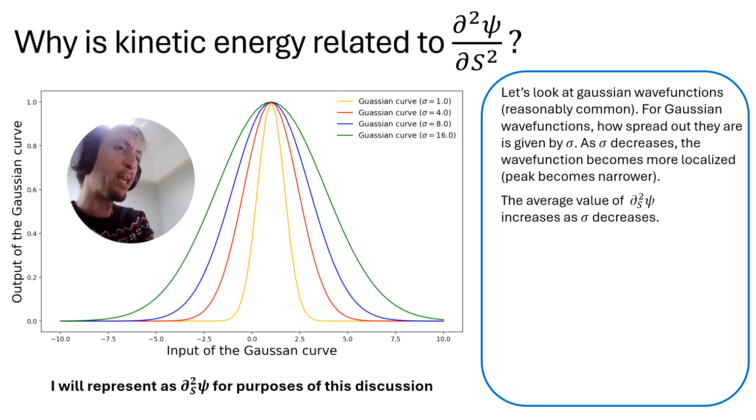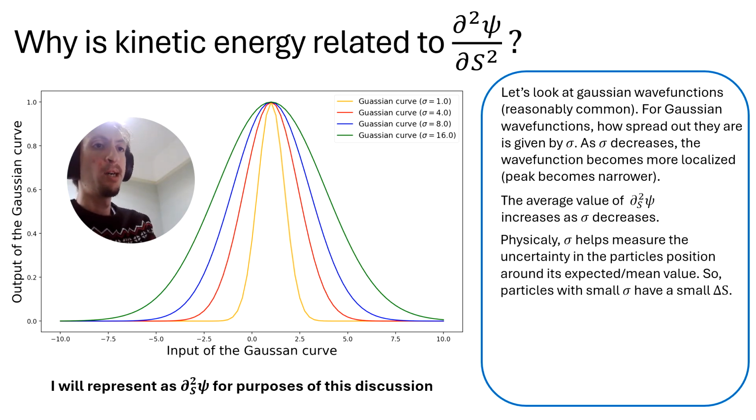I might be being a bit lax here, but I should say the average value of the magnitude of the second order derivative of the wave function is very big if the standard deviation sigma is very small. And that's one point to make. So we see that sigma, the standard deviation, is related to the second order derivative.